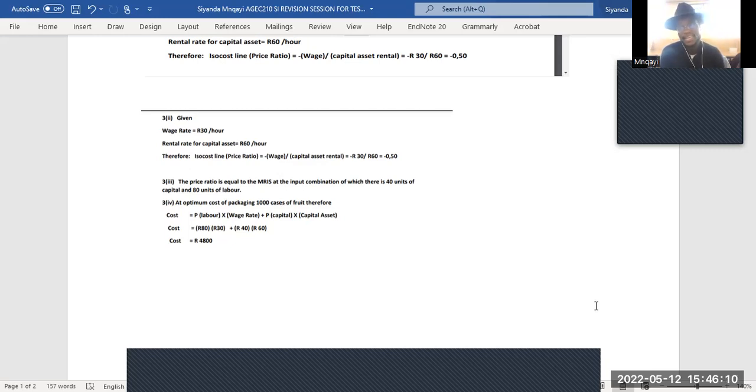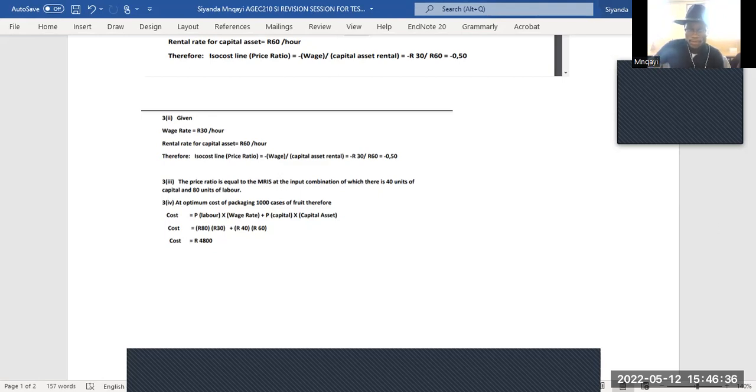So this is more of an explanation from the table that the price ratio is equal to the marginal rate we found, which was negative 0.5, and that is where you now have 40 units of capital and 80 units of labor, right?